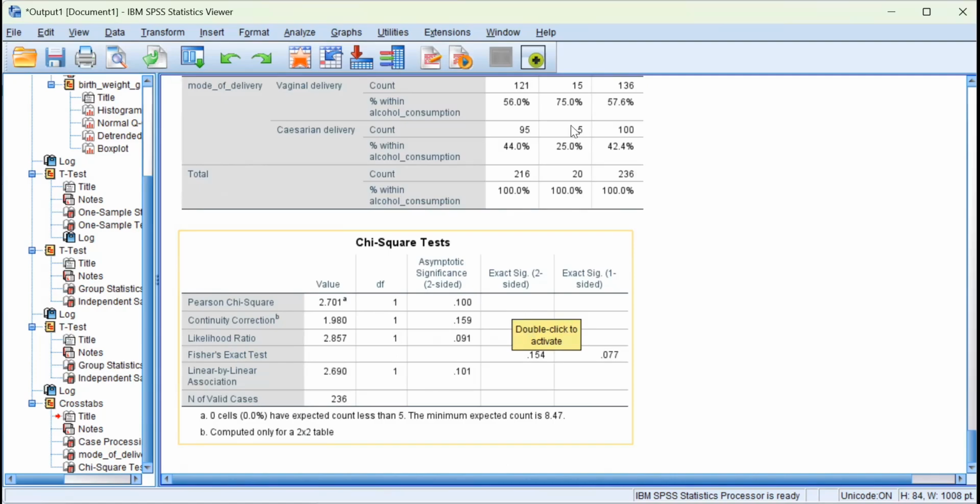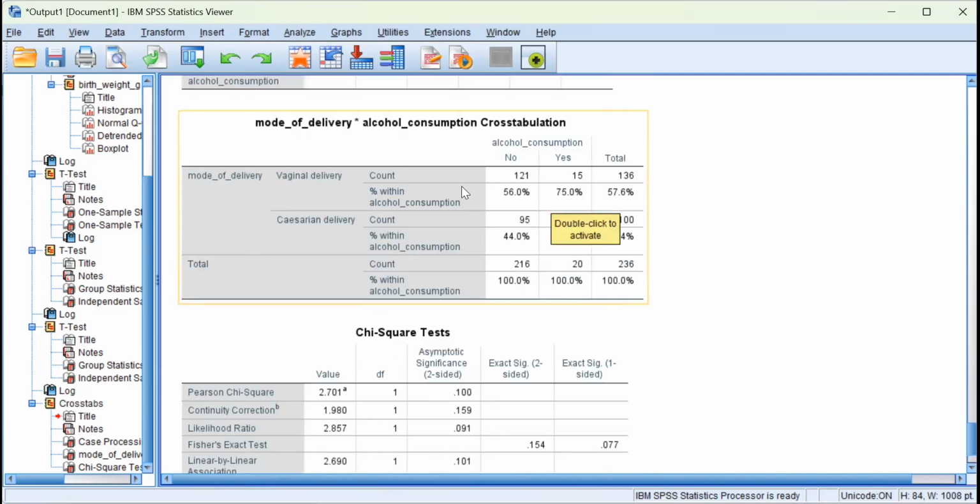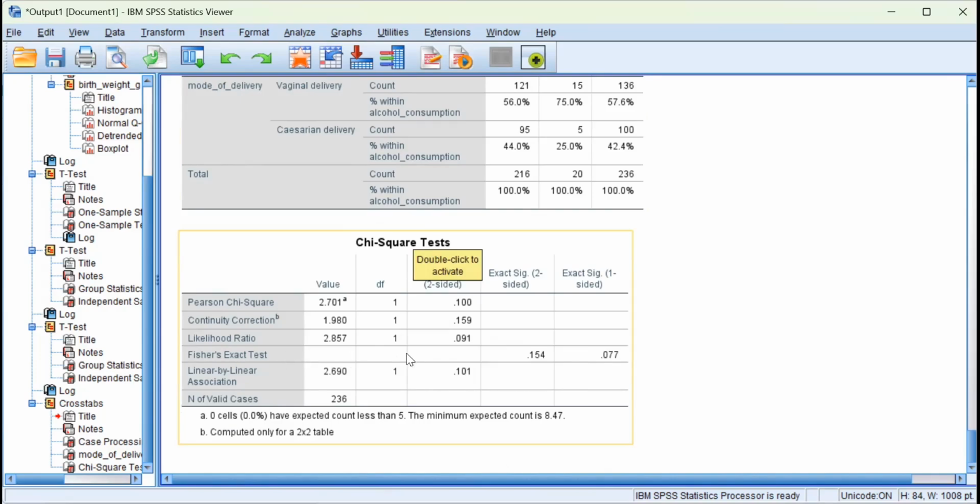But in the case where you have a 2 by 2 table, like in our case here, you will just focus on Fisher's exact. But Fisher's exact does not have a value. You see that under Fisher's exact, you don't have anything under value. So you will pick this 2.7, the Pearson chi-square value. Then for the p-value, you come and pick this 0.15, because there's nothing under Pearson chi-square.